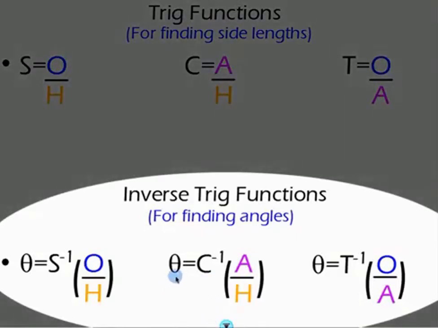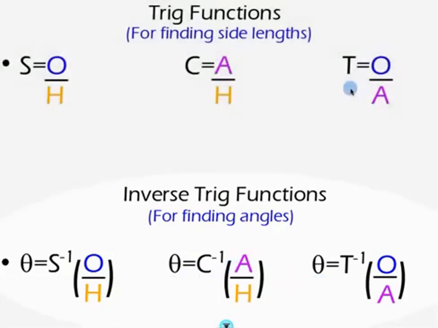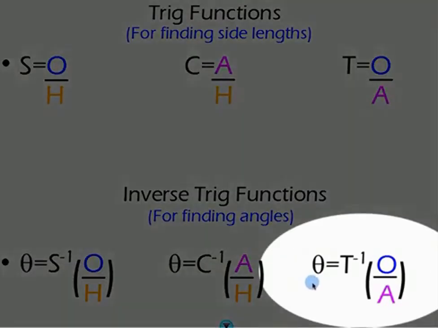So theta, the angle, is the translation, going from cos language back to angle language. So we do the inverse function. And similarly for tan. If the tan of an angle is equal to the opposite length divided by the adjacent, then to find the angle itself, we do the inverse of the tan. We translate it back to English, into angle language. So theta, the angle, is inverse tan of opposite over adjacent.